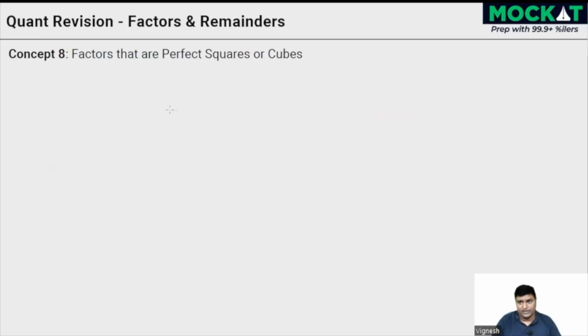If they're asking for perfect cubes or something like that, 2 power 11 into 3 power 17, let's say, or 16, let's say. Then this number can be written as 2 cubed whole power. If you have to find out the factors that are perfect cubes, 2 cube whole power, what is less than 11? 2 cube whole power 3, right? 2 power 9 we get.